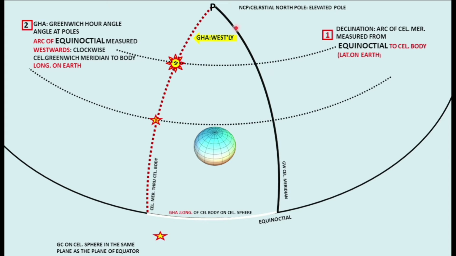So GHA here is the longitude of the celestial body. The two coordinates to give me the position of a celestial body are the declination and the GHA. And GHA, unlike longitude which we measure east and west of Greenwich, is measured only westwards, and that is the clockwise direction.